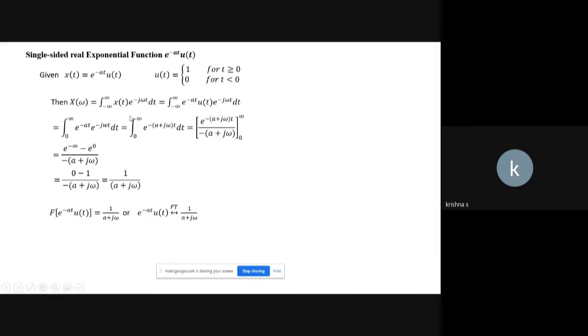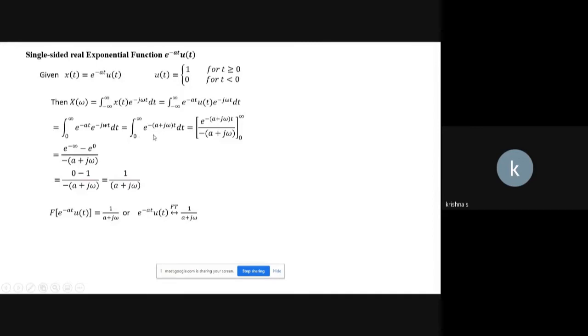If we calculate this integral, it is simple mathematics. Here, e to the power of minus a t into e to the power of minus j omega t gives e to the power of minus of a plus j omega, times t. As u of t is defined only for t greater than or equal to 0, the limits change to 0 to infinity.